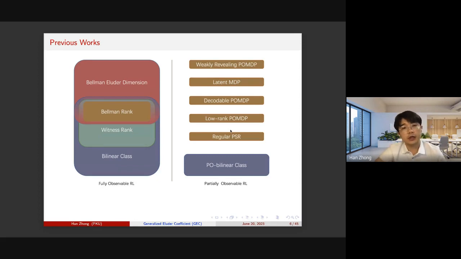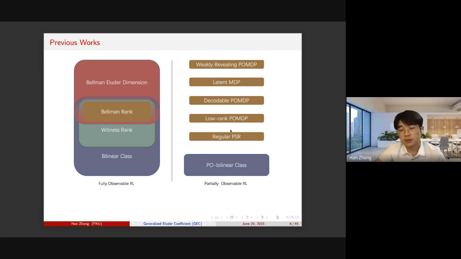Previous works made great efforts to solve these challenges. For fully observable RL, there are four notable general function approximation frameworks: the Bellman rank, Witness rank, bilinear class, and Bellman eluder dimension. These four frameworks capture most basic RL problems, such as the tabular MDP, linear MDP, linear mixture MDP, and so on.